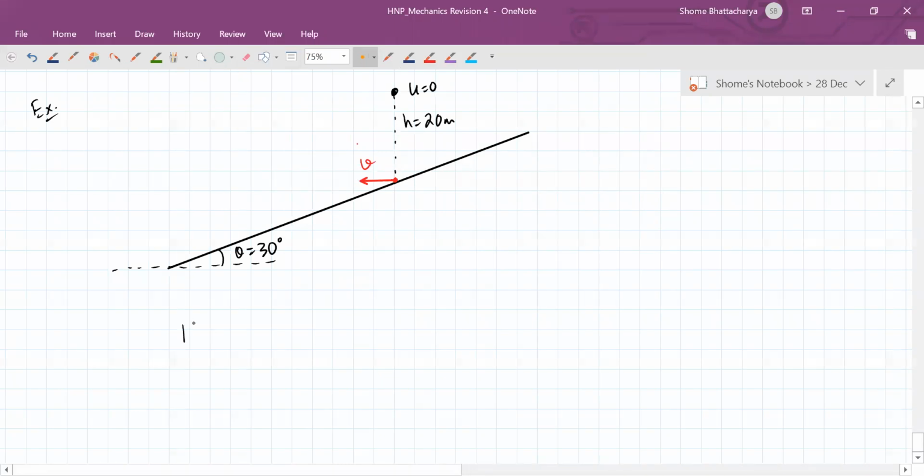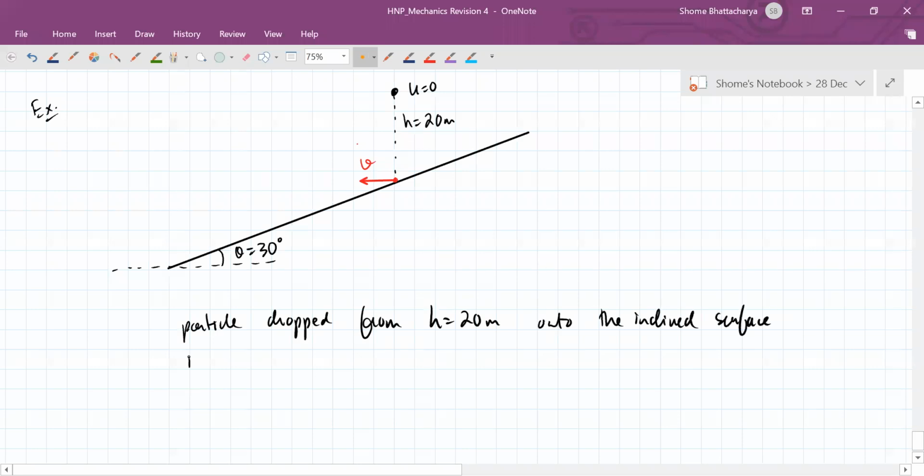So the particle dropped from 20 meters onto the inclined surface. Okay. Impacts and has horizontal velocity v just after impact.